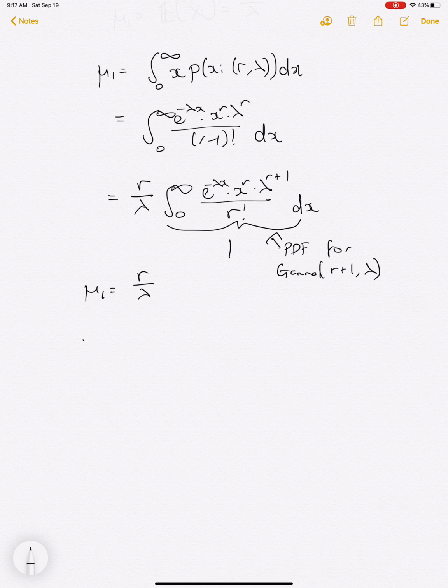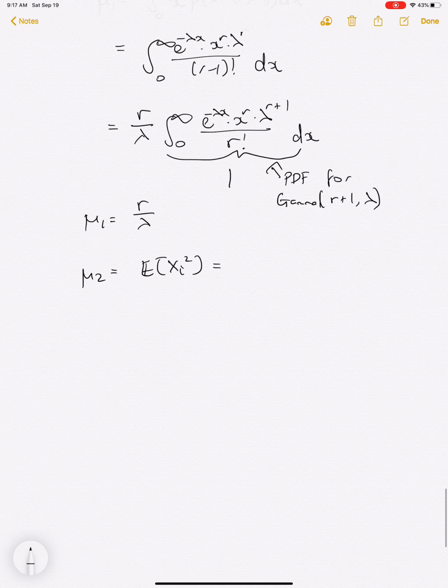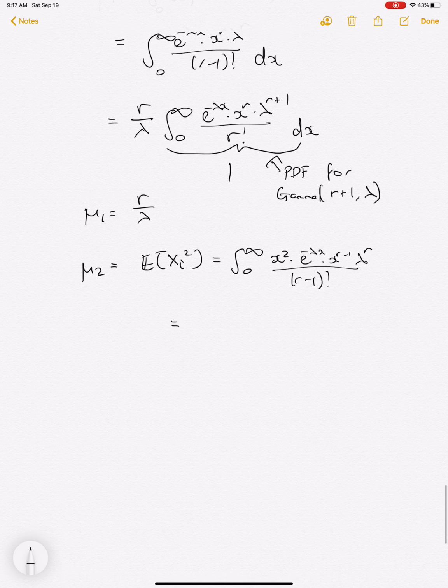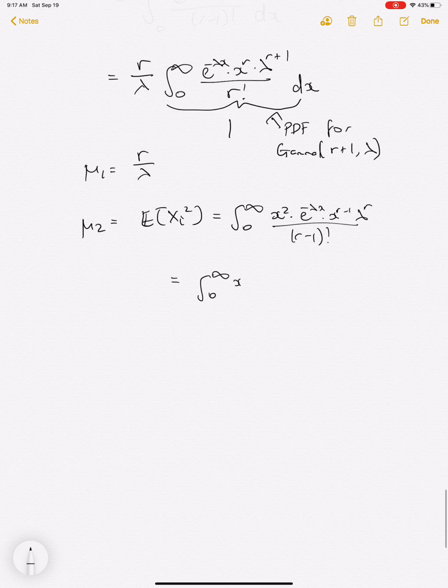And then using a similar argument, so mu2, which is equal to e of xi squared, that's equal to... so this is going to just be... So what I'm going to do here is to try to get a gamma r plus 2 distribution out of it, which is exactly what we're going to see happen.